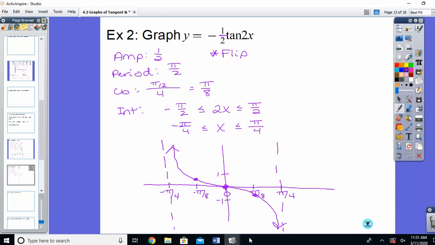How do we feel about this so far? Let's do a cotangent one. Make sure we're okay with that.